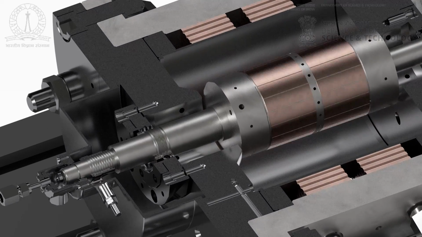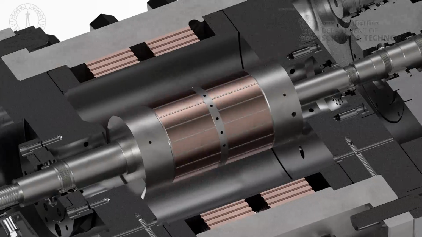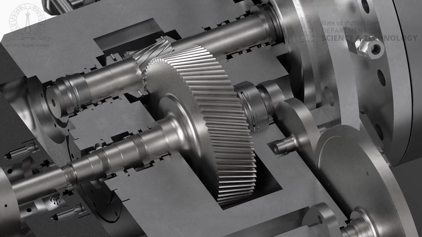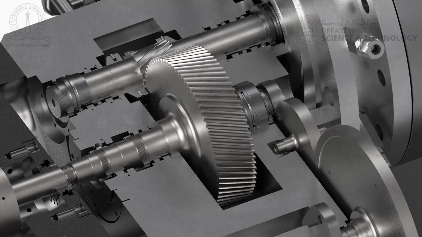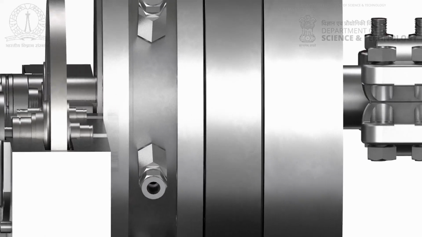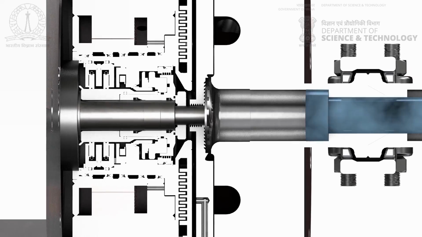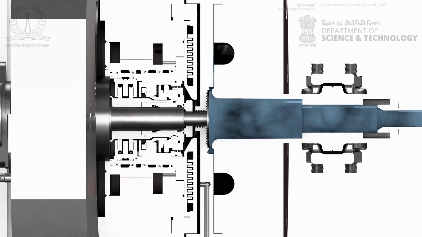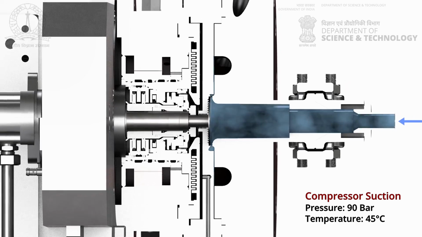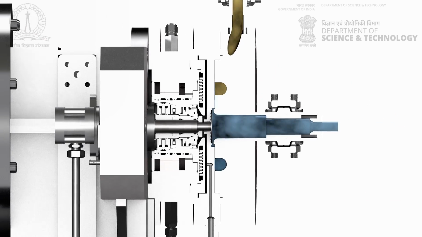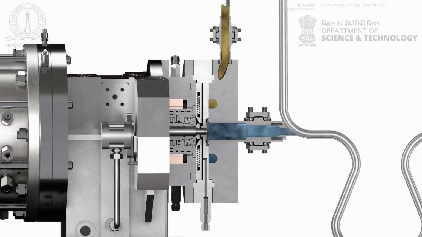Due to the high speeds required, the compressor impeller is driven by a motor through a step-up gearbox. It compresses the CO2 from 90 bars to 210 bars.